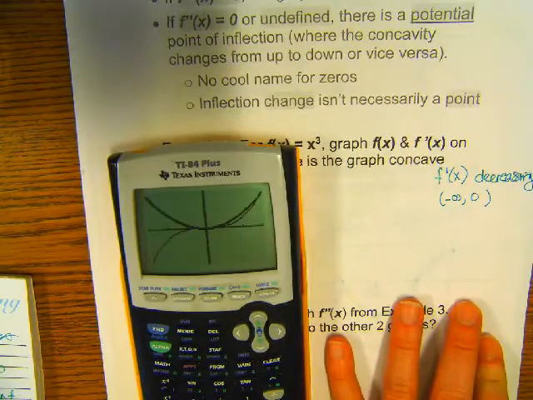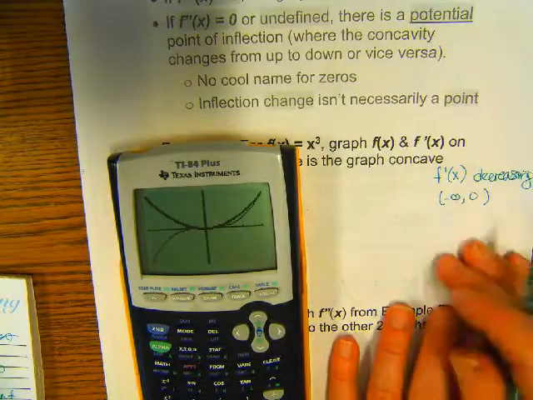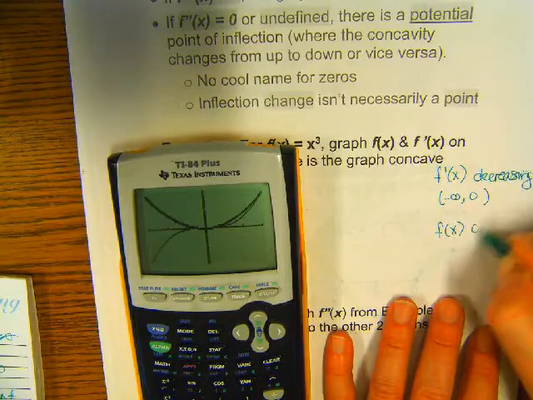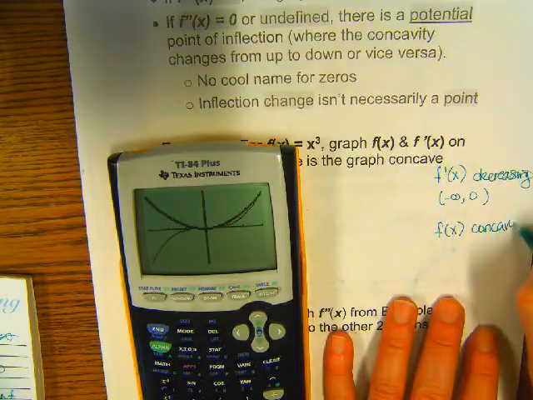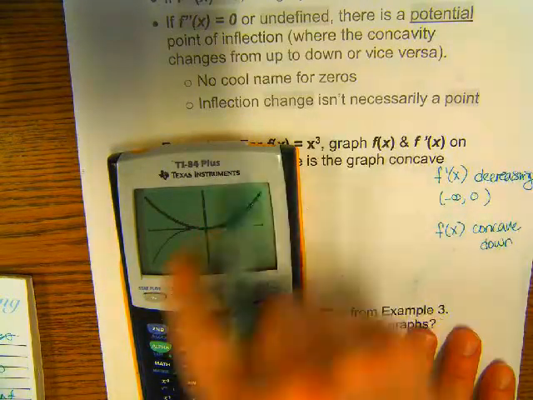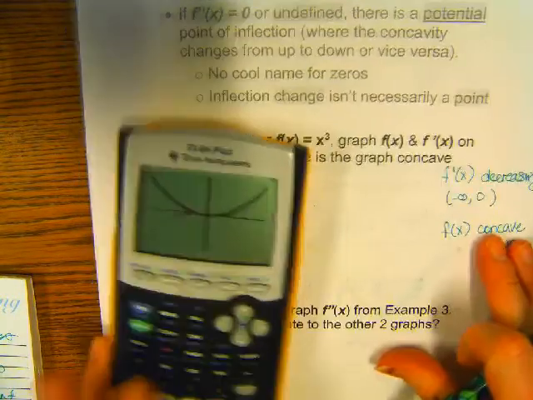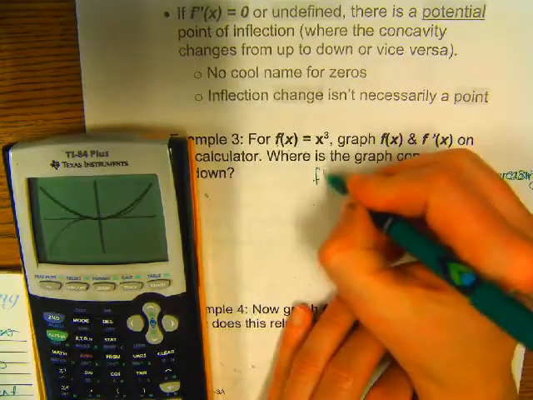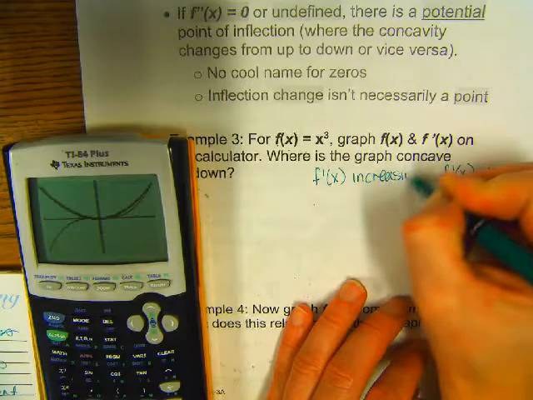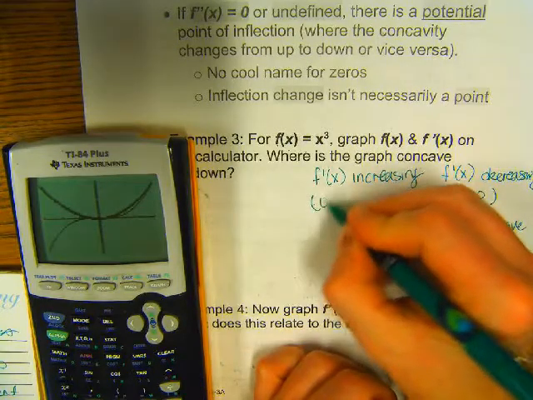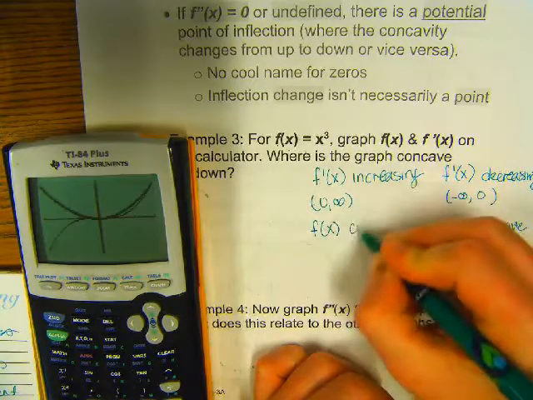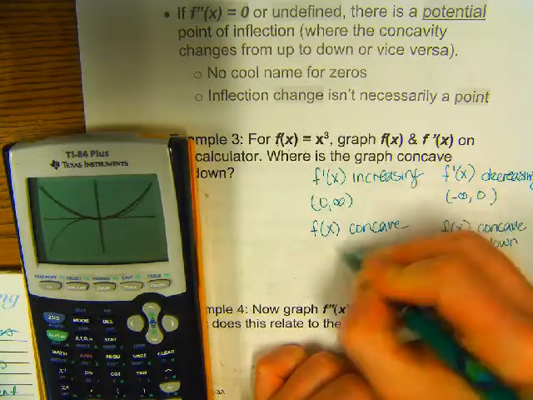What that tells us then is the function is concave down. That's what it looked like. f prime of x is increasing on the interval 0 to infinity. What does that mean about the function? That it is concave up.